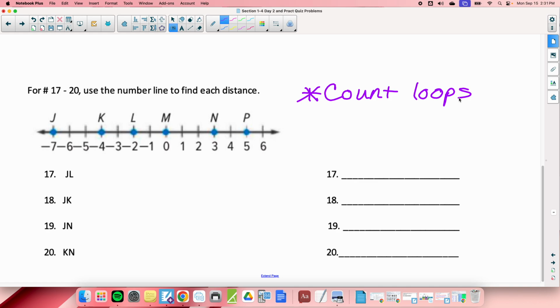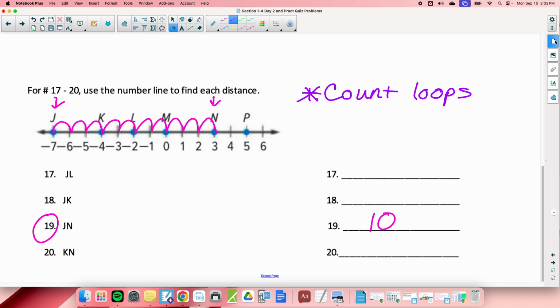So let's say that I am doing number 19. It asks me to find the distance from J to N. Do you guys remember counting loops? 1, 2, 3, 4, 5, 6, 7, 8, 9, 10. Everybody remember that? Okay, so this answer is going to be 10. Does that make sense? Are you able to do the rest then on that section?